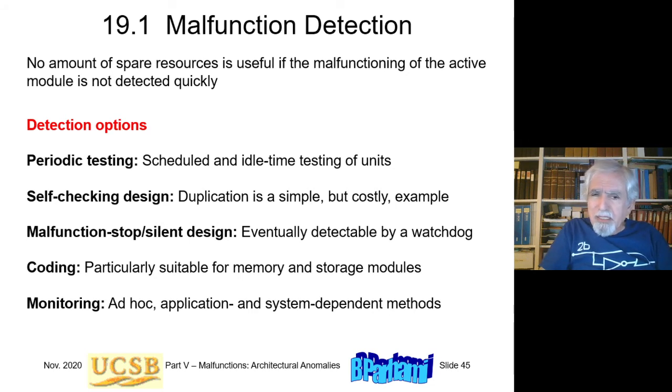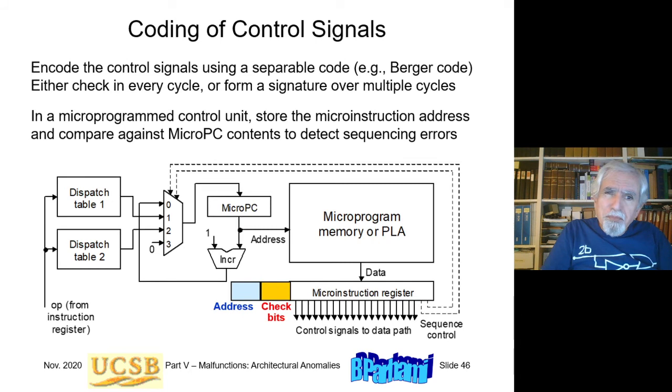It's sending addresses, it's receiving data, and so on. And if it detects some sort of abnormal communication or behavior on the bus, it assumes that something is wrong. Of course, monitoring is not 100% foolproof, but it can detect a large fraction of typical malfunctions.